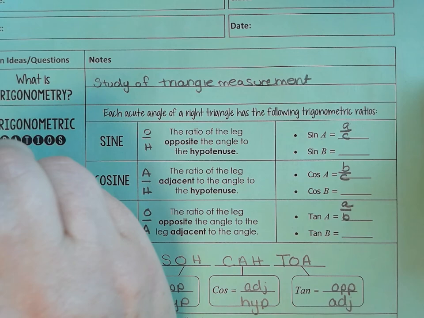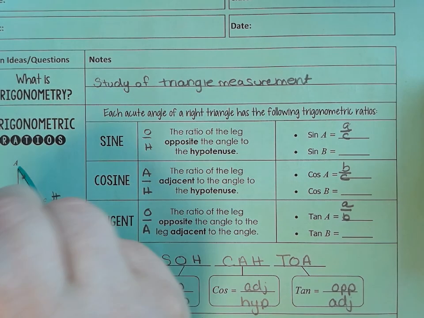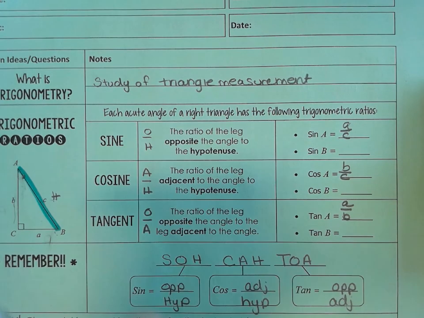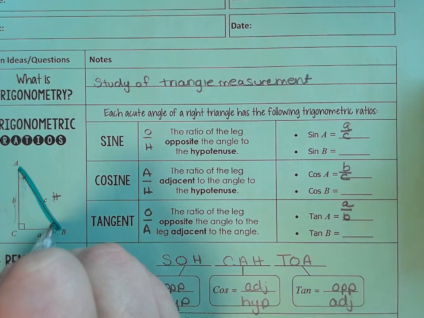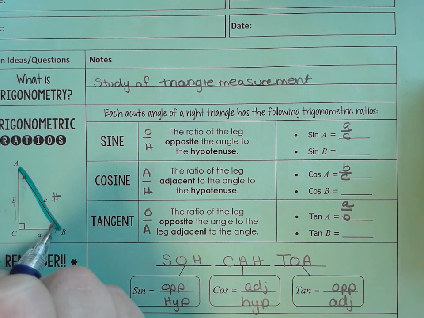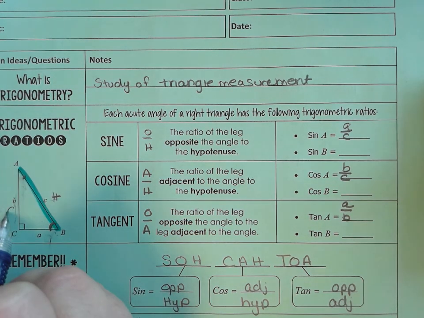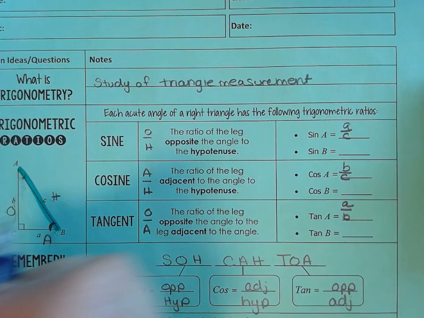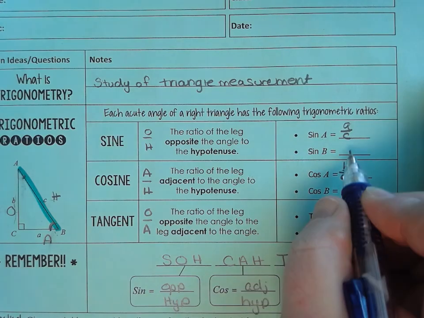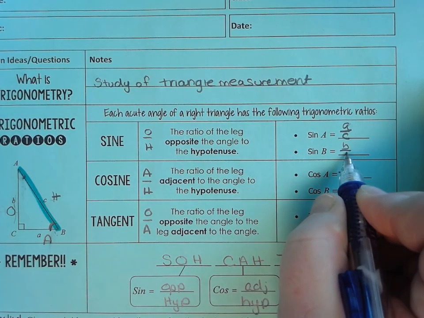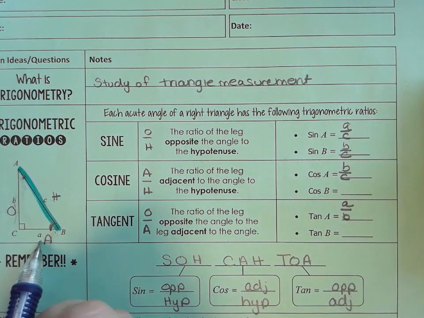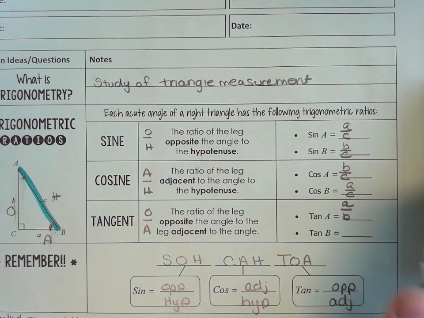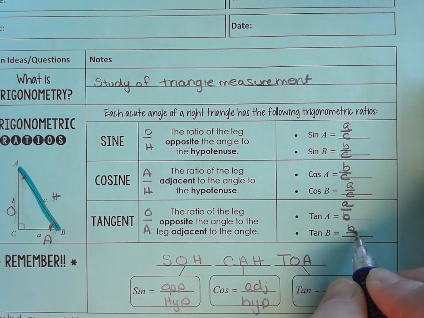The hypotenuse, like I said, stays the same. So now, when I'm looking at angle B, the side opposite is B and adjacent is A. So sine of angle B is B over C. Cosine is A over C. And tangent is B over A. So it all depends on which angle you're using.